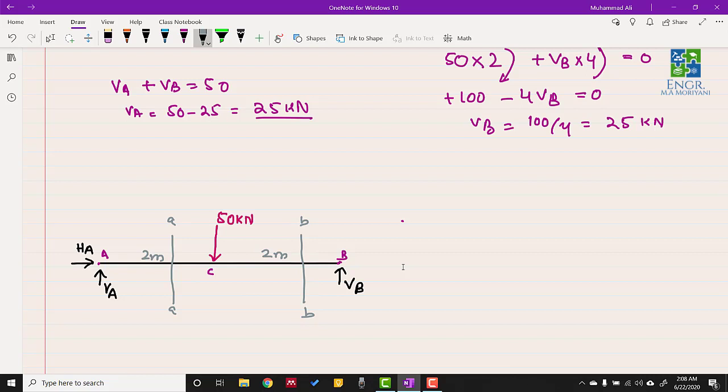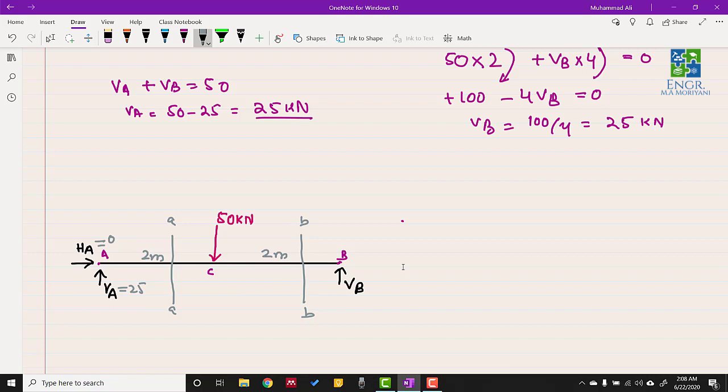If we are talking about the section AA, we could take all the forces to the left of that section, or we could find the equation with all the forces to the right. But we have only one force to the left, because HA is equal to 0, but VA is equal to 25. So it is preferable and computationally less laborious to take this VA force to the left of the beam, as compared to the right.